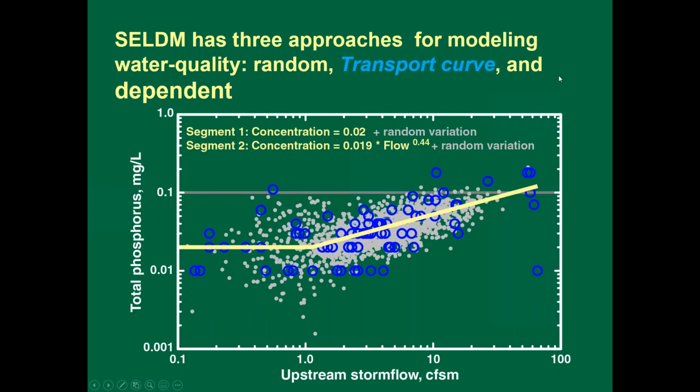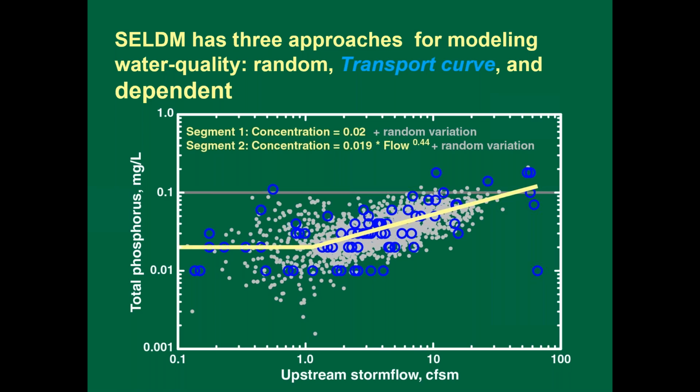Now, the third method that we use for upstream water quality is known as a transport curve. A transport curve is a regression relation between stream flow or upstream flow and a constituent of interest.